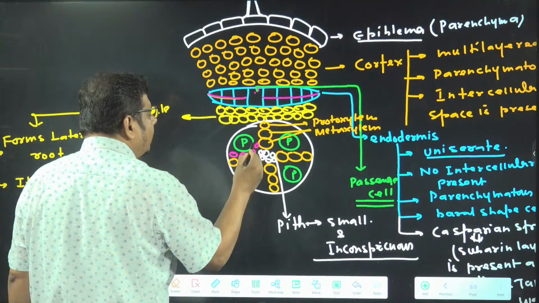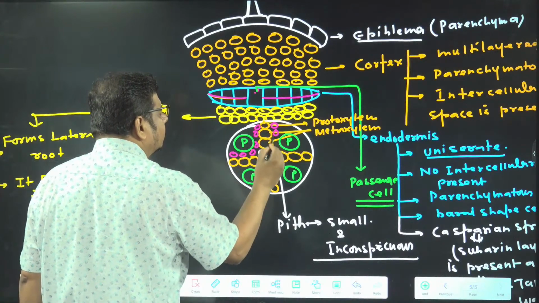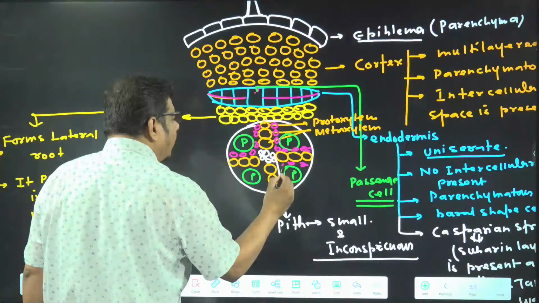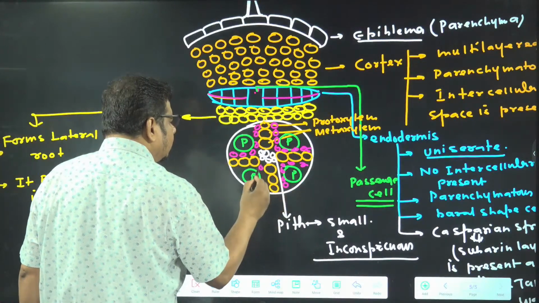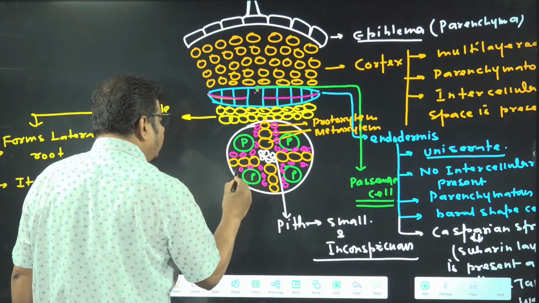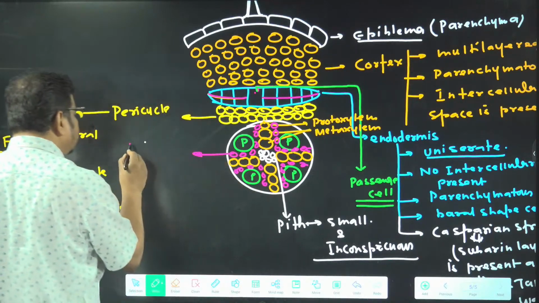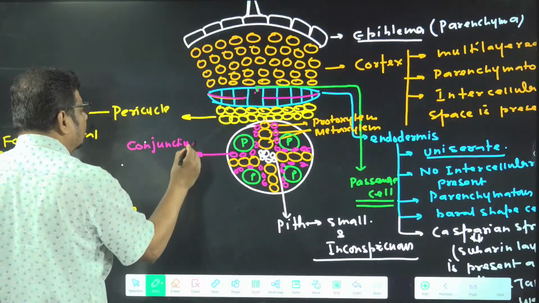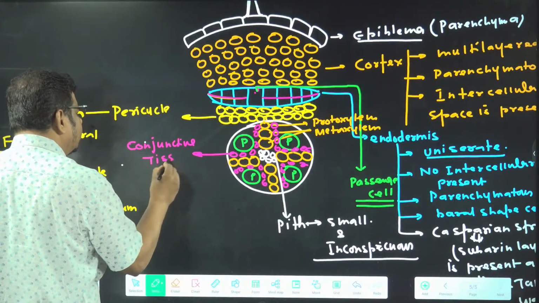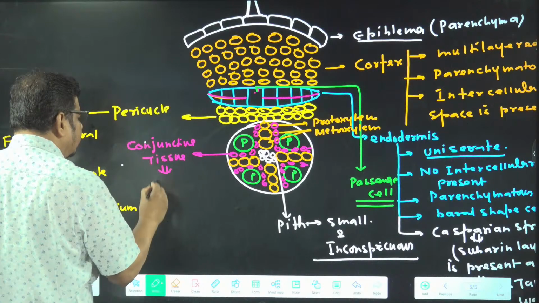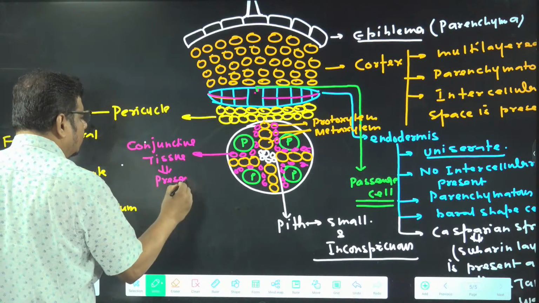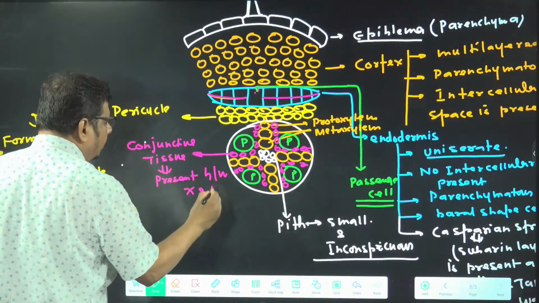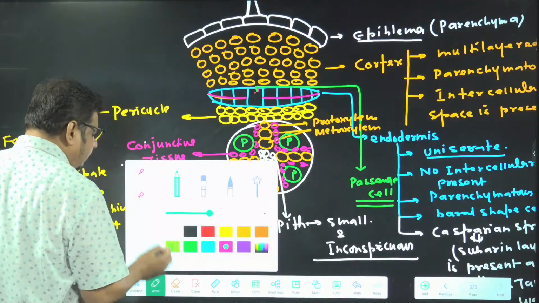Some parenchymatous layers are present, and these parenchymatous layers present between xylem and phloem are called conjunctive tissue.